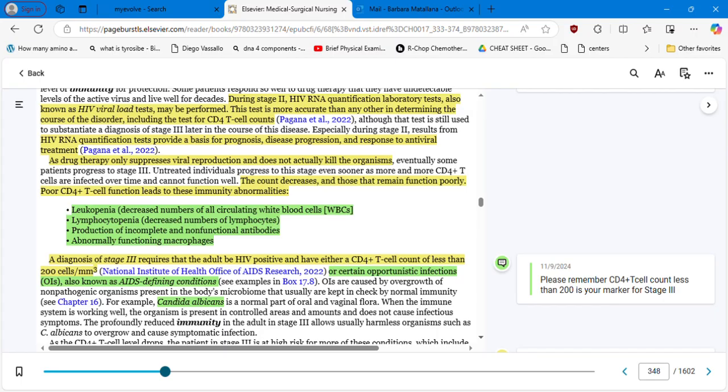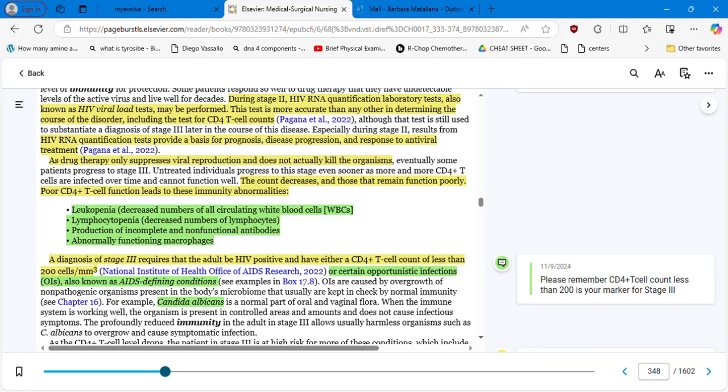So we need to understand that. The count decreases, and those that remain function poorly. Poor CD4 T cell function leads to these immunity abnormalities: leukopenia, decreased numbers of WBC; lymphocytopenia, decreased numbers of lymphocytes; production of incomplete and non-functional antibodies, and that, I think, is a big problem when your antibodies are non-functional; and abnormally functioning macrophages.